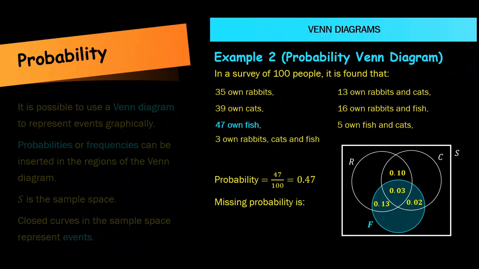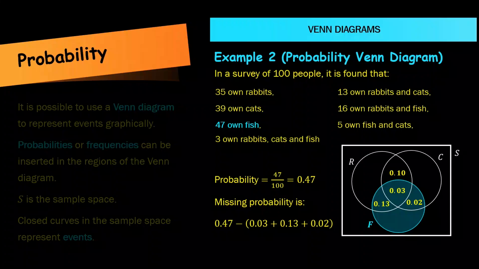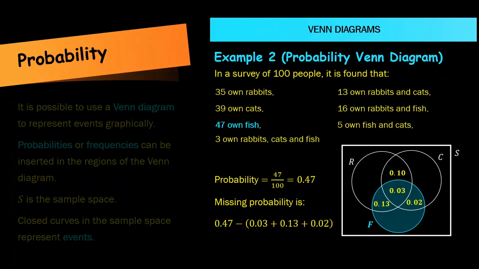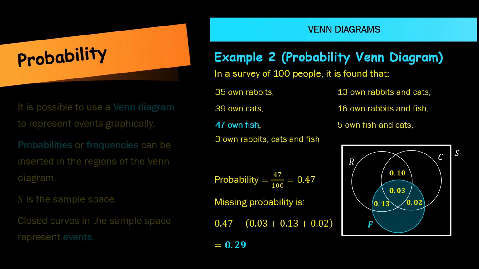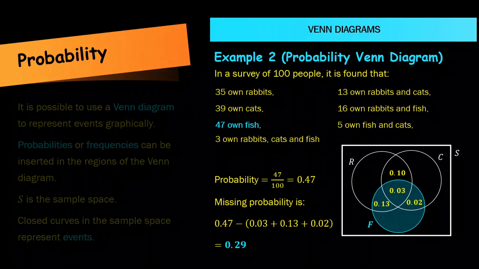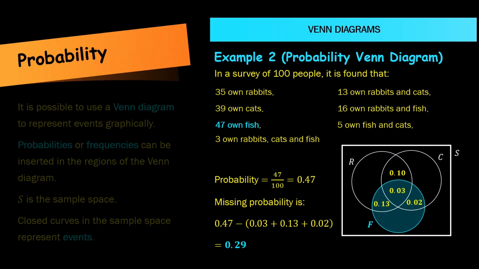So the missing probability in that shaded region is equal to 0.47 minus the sum of all the other probabilities that are already there, namely 0.03 plus 0.13 plus 0.02. And this calculation equals 0.29. So we now enter 0.29 as shown in the diagram.